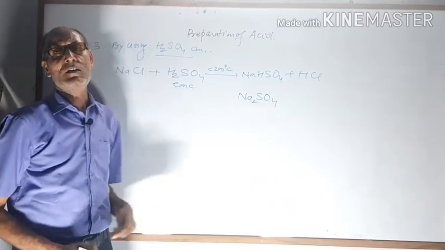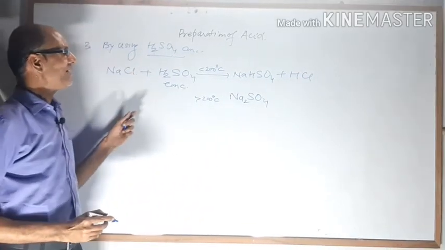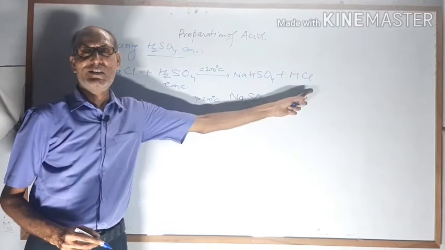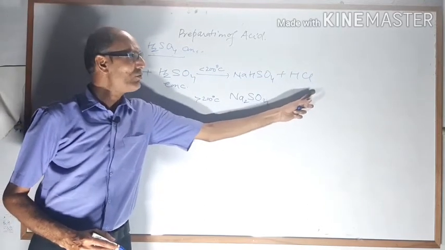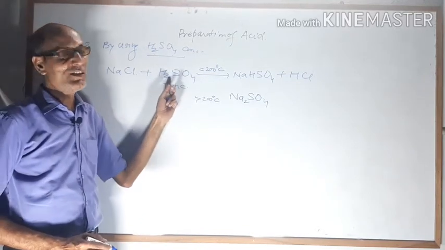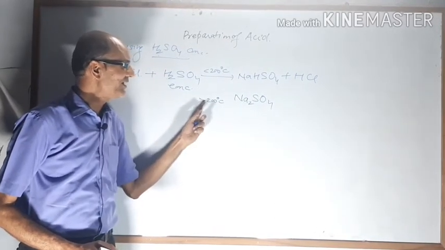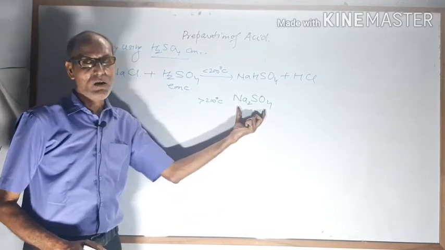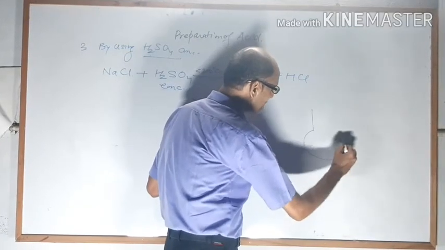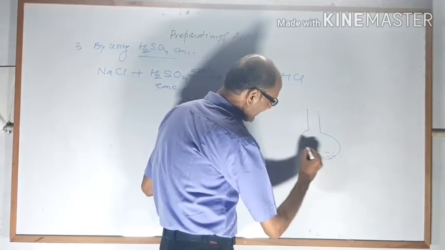Why do we not heat sodium chloride above 200 degrees Celsius when we prepare hydrochloric acid? This is the laboratory preparation of hydrochloric acid. In the laboratory you can prepare hydrochloric acid by heating sodium chloride with concentrated sulfuric acid at less than 200 degrees Celsius. If you heat above 200 degrees Celsius, sodium sulfate will be formed. You are taking this in a round bottom flask like this flask, with sodium chloride and sulfuric acid.